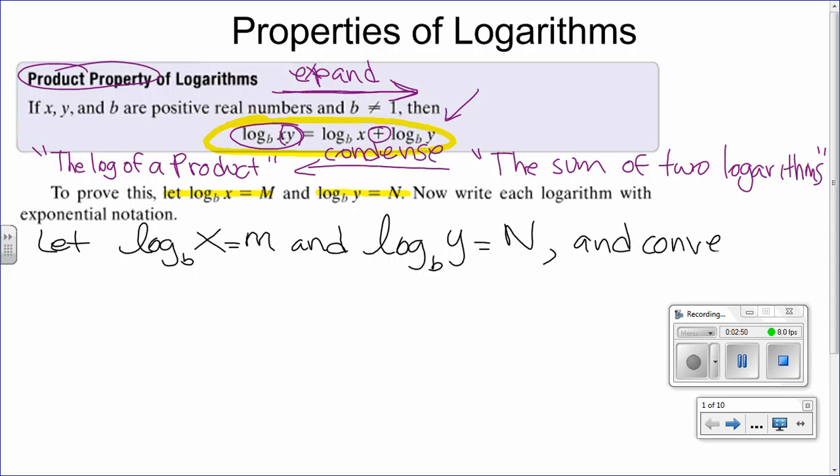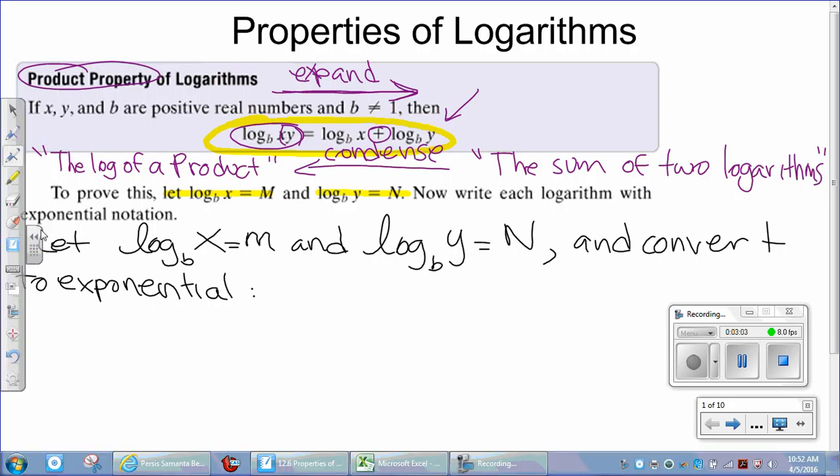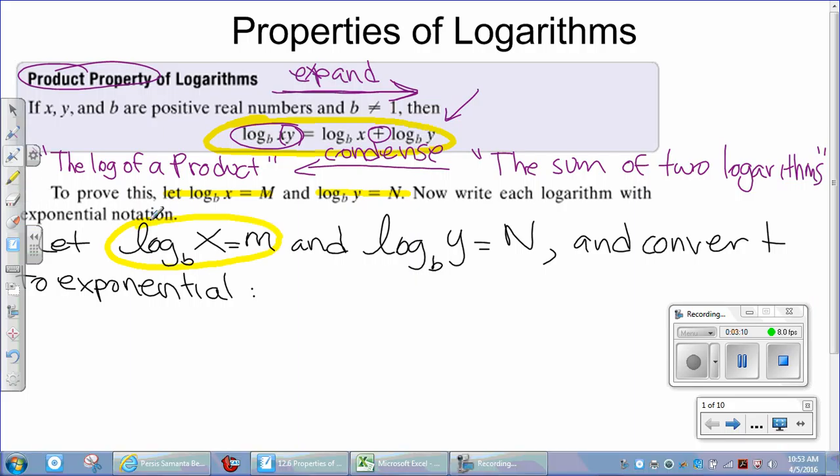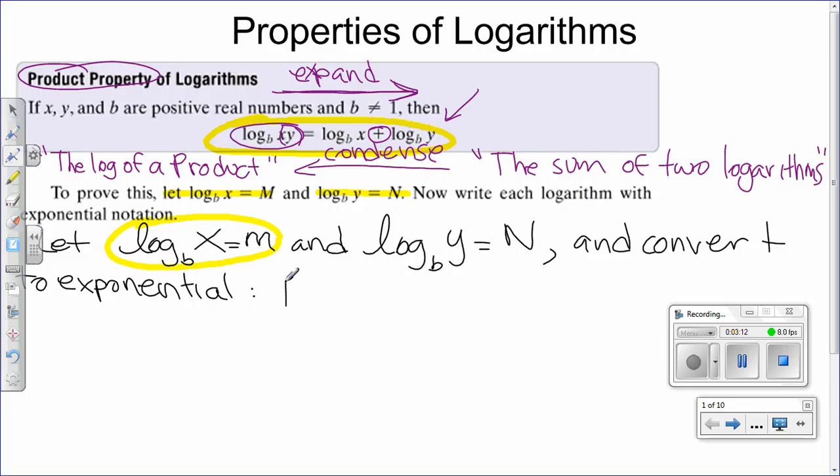After that, we're going to convert to exponential notation. My first equation, if I convert that to exponential, remember, we take the base, b, to what power? To the power x or to the power m?